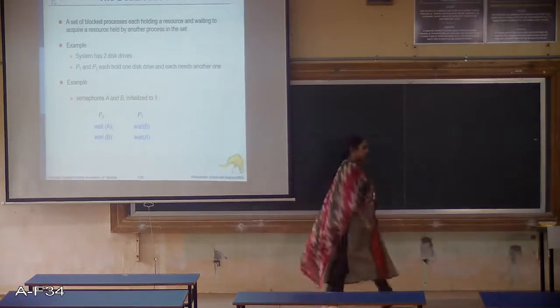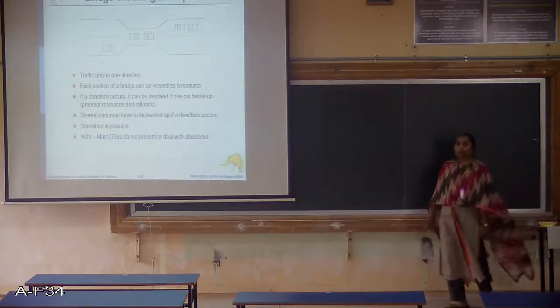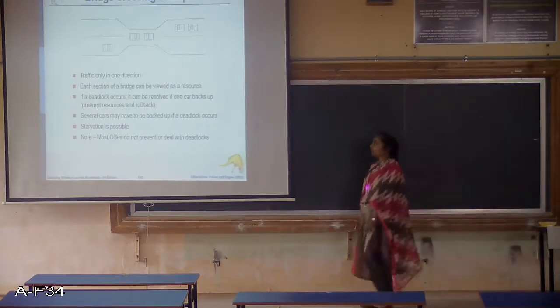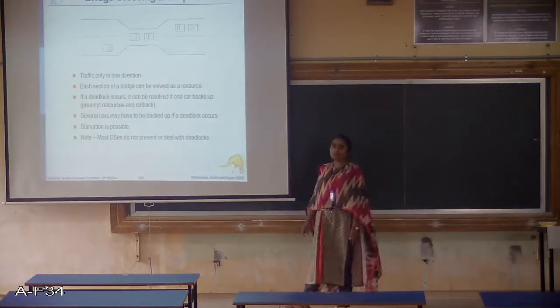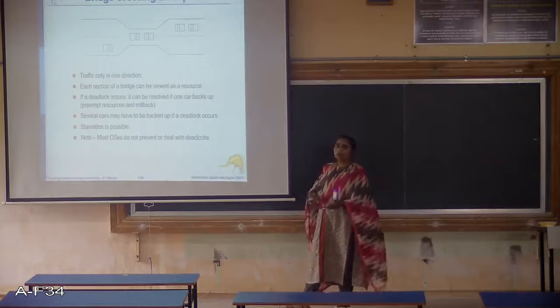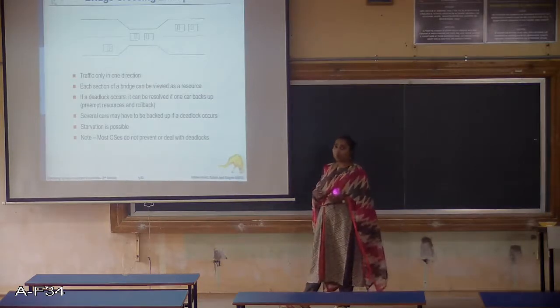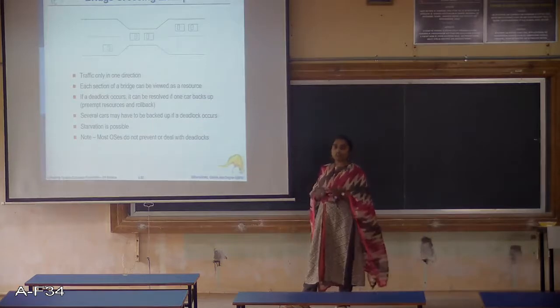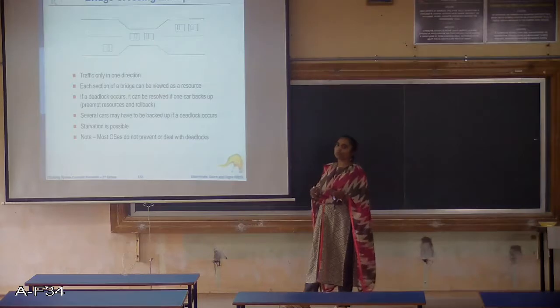So these processes will not be able to complete their execution because they are in a deadlock state. We also understood this with an image of moving cars. If there is a set of cars and a single bridge which they have to cross, the bridge is a small place and hence two cars cannot simultaneously go in opposite directions. So they both come, collide and stop on the bridge.